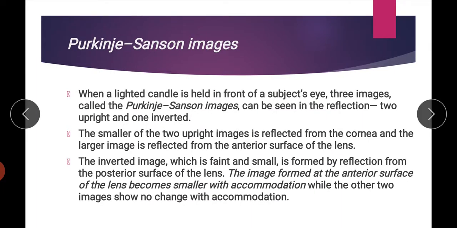Now, the Purkinje-Sanson image. We can observe this accommodation with the help of one experiment, known as the Purkinje-Sanson image. In this, when a lighted candle is held in front of the subject's eye, three images, called the Purkinje-Sanson images, can be seen in the reflection, two upright and one inverted.